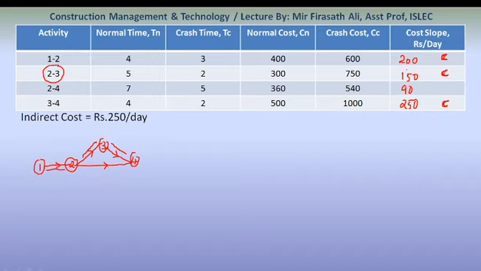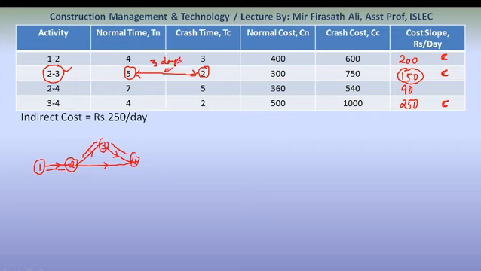Out of 200, 150 and 250 on the critical path, the least cost slope is 150. So we need to crash activity 2 to 3. For how many days can we crash? Normal time is 5 days, crash time is 2 days. We can crash this activity by 3 days.